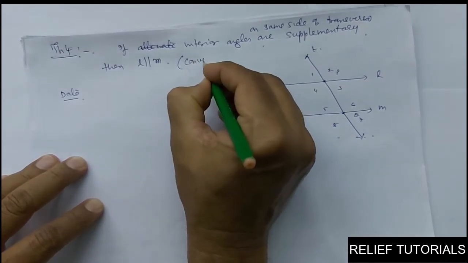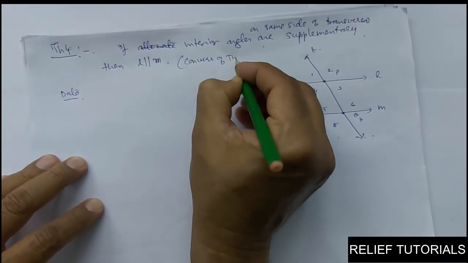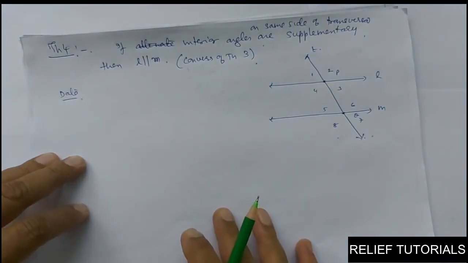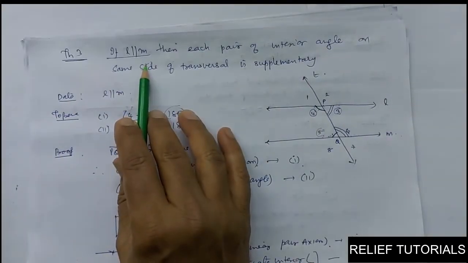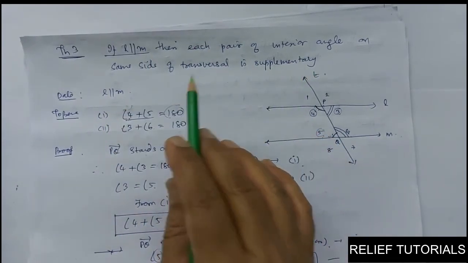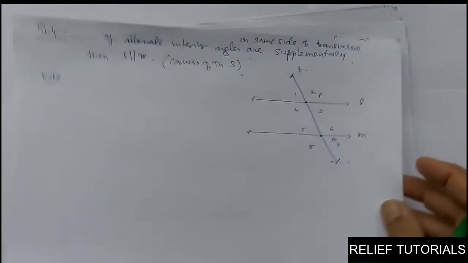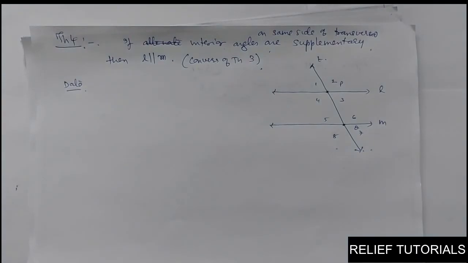This is the converse of theorem 3. Have you got what our theorem 3 was? Theorem 3 was: if lines are parallel, interior angles on the same side of the transversal are supplementary. Here we are going to prove that if interior angles on the same side of the transversal are supplementary, then lines are parallel.